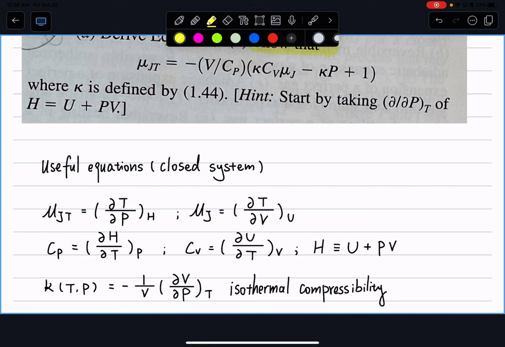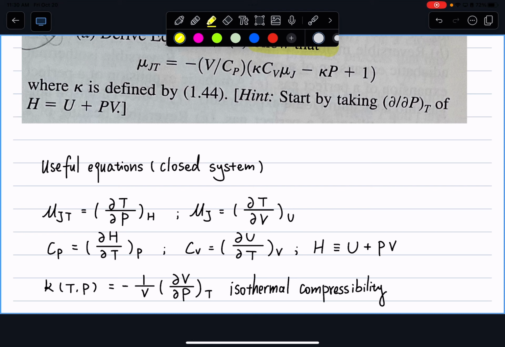Let's start by following its suggestion of taking the partial derivative of enthalpy with respect to P at constant temperature. Now for this one, we have the definition of H. The definition of H is U plus PV, at constant T. And in this case, remember what we're using is the calculus rule d(xy) equals x dy plus y dx.